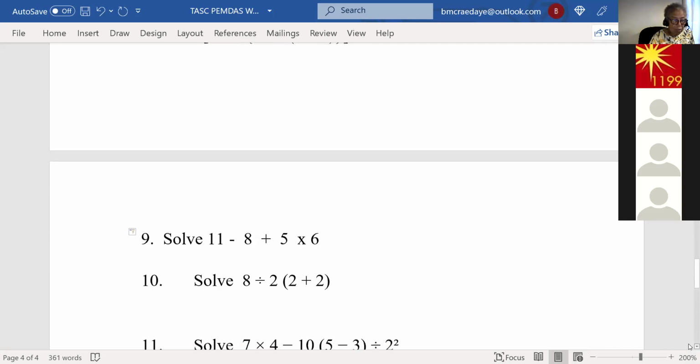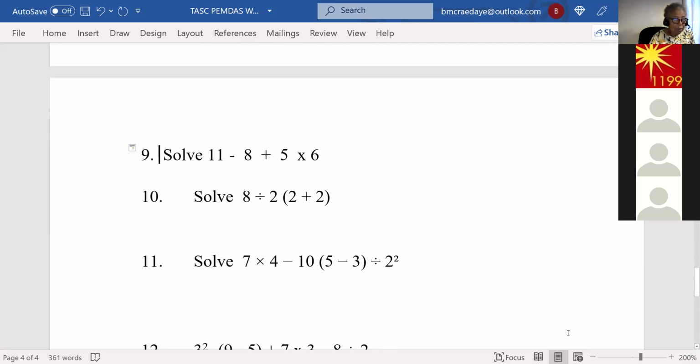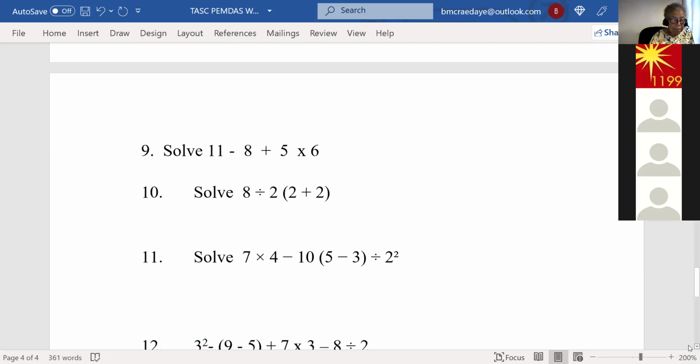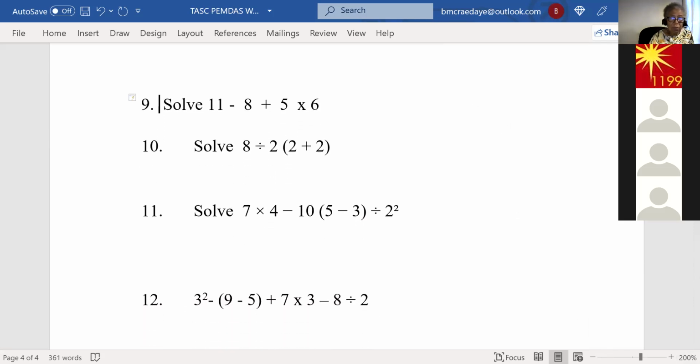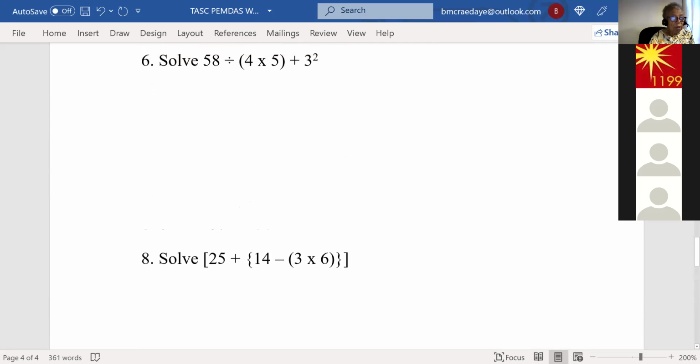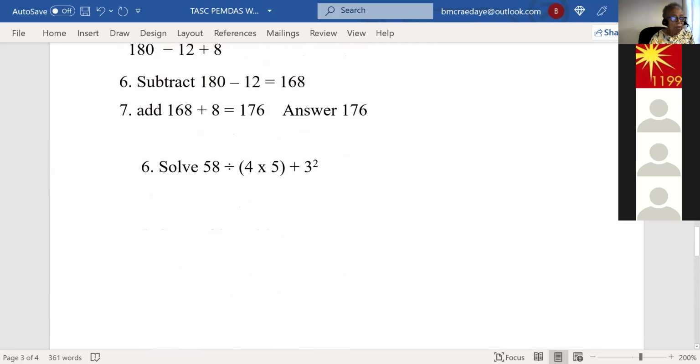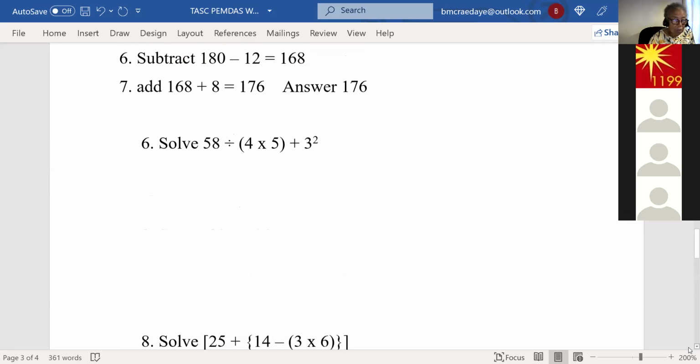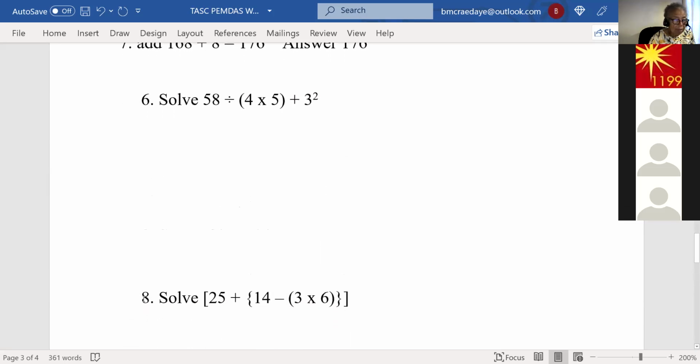If you do 6, you start from 8. Where's 7? That should be 7. I numbered it wrong. It's not 12, it's 11. So that's 7.